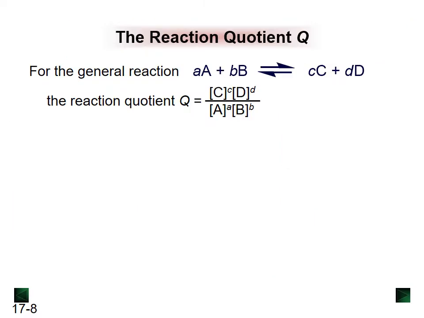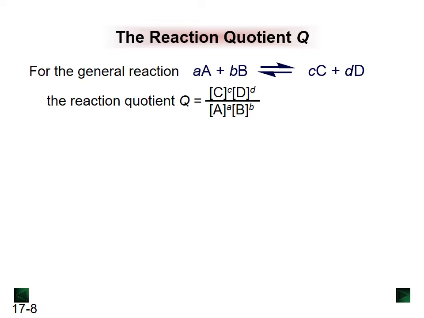We have seen from the last few slides that most chemical reactions are reversible, and they will eventually reach equilibrium. The equilibrium constant is the ratio of the product concentrations over the reactant concentrations.